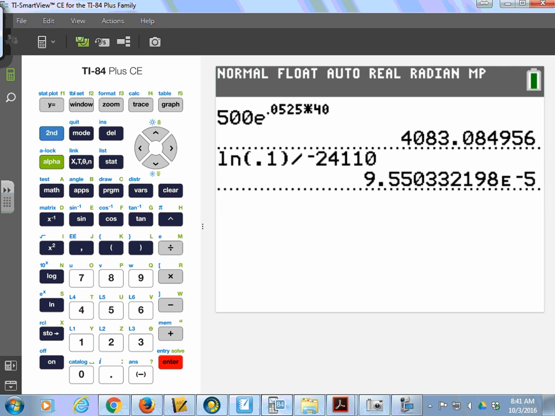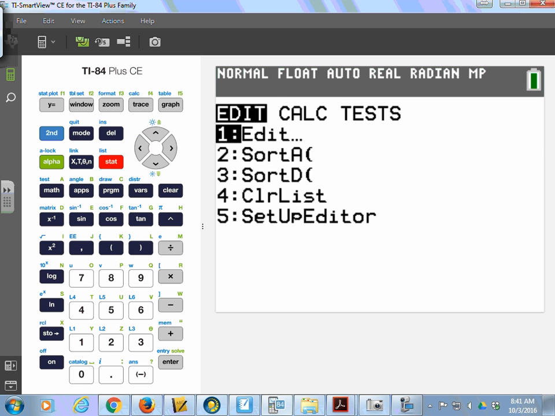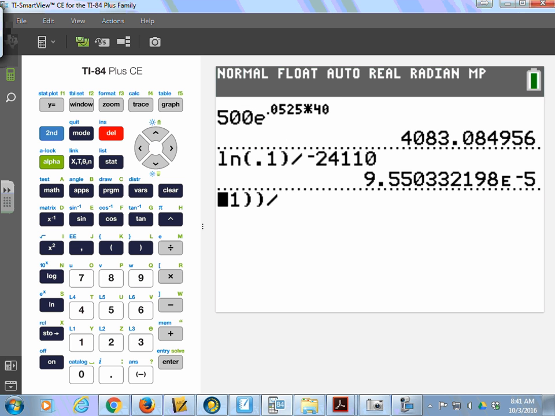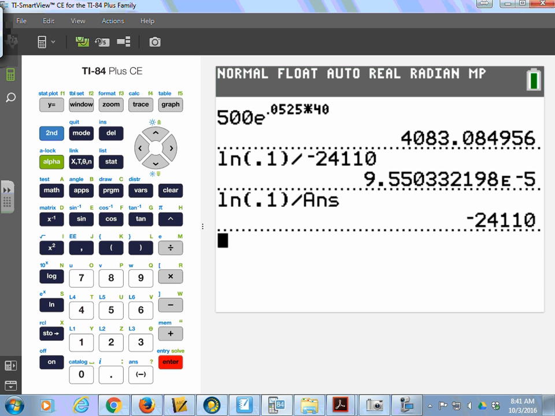So natural log of 0.1, and I'm going to divide that by my, oops. Let's try that again. And to get the previous answer, you just hit second, and the negative key puts it up there. All right. So we get, I just did something wrong. Let's see what I did wrong.